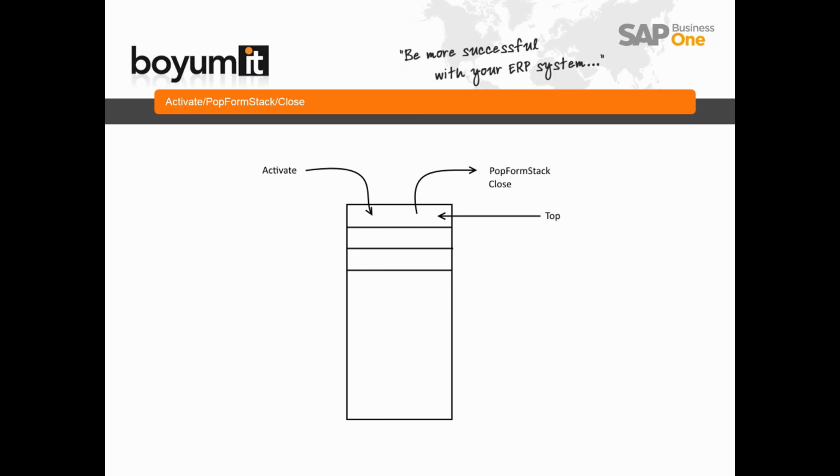So normally you don't really need to think about this, because if you just use activate and close, then B1UP does it all for you. But now we're going to see a scenario where we actually need to use the PopFormStack keyword by ourselves.